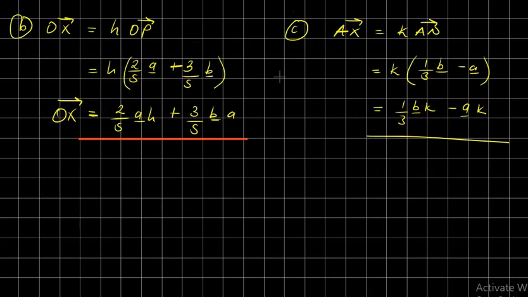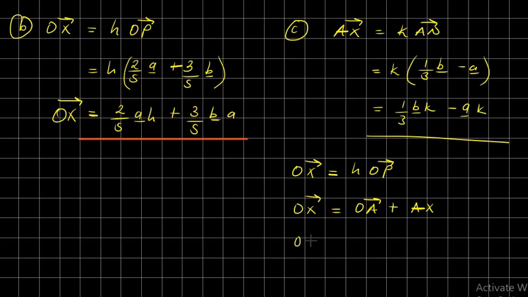The vector OX is going to be equal to the vector OA plus the vector AX, supposed to be AX, like that.